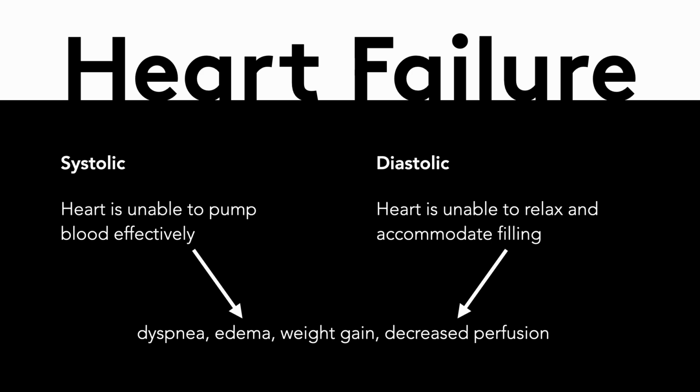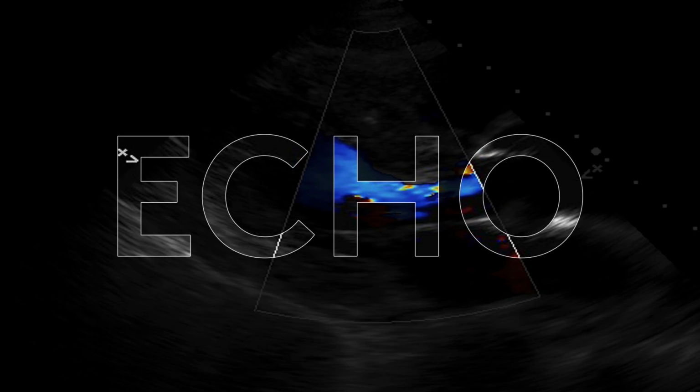We talked a little bit last time about how echo is really the critical test, because that's the test that looks at the heart function. We can look and see what this heart is doing. What are the external factors? What are the internal factors? What are the myocardial dynamics, as it were, that really affect the ability of this heart to pump? That's going to give us our answer to what we're looking for.